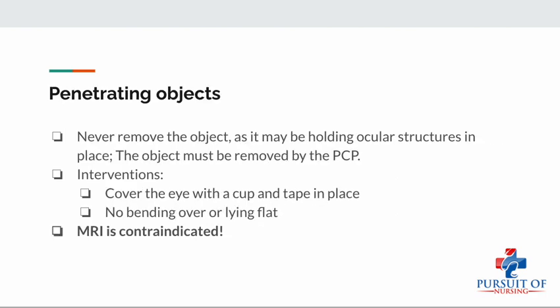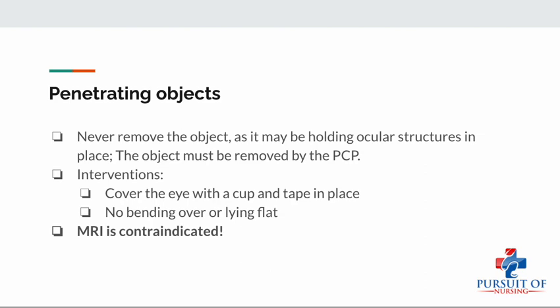Penetrating objects is when an eye injury occurs after an object penetrates the eye. If someone comes into the ER with an object penetrating the eye, you never remove the object because it may be holding some ocular structures in place. The object needs to be removed by the physician.